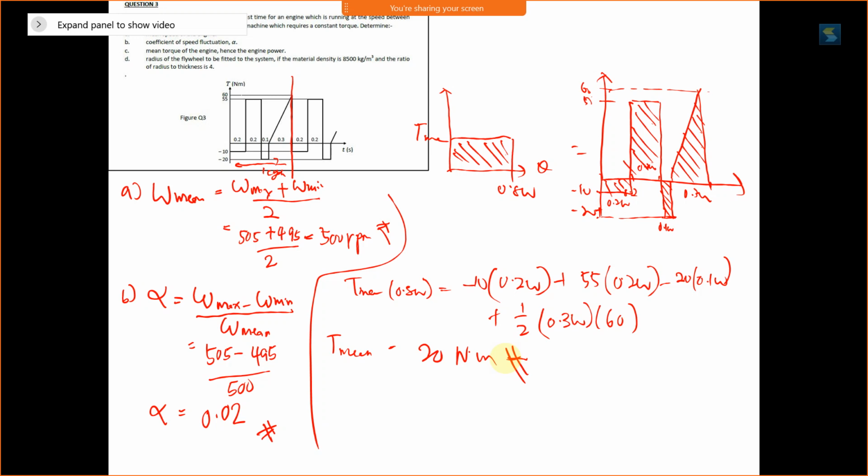Okay, now we have to get the value of I. Correct, we want to get the radius, and we have to find the value of I first.